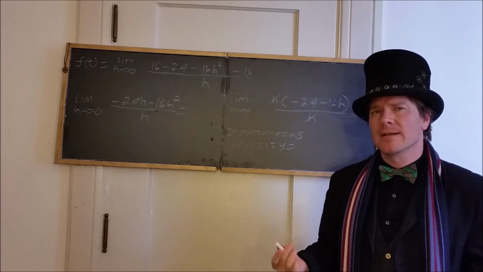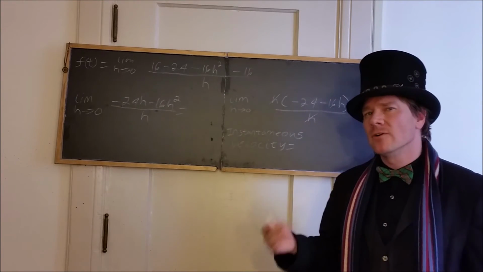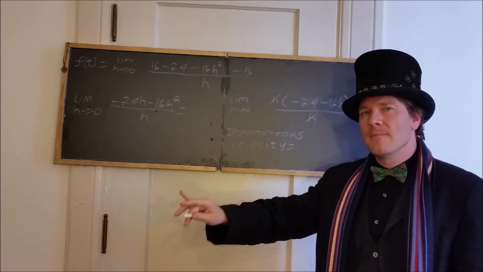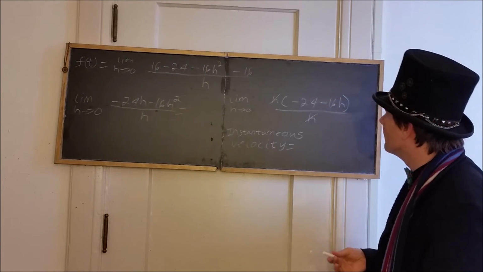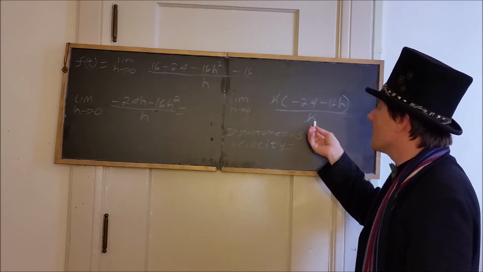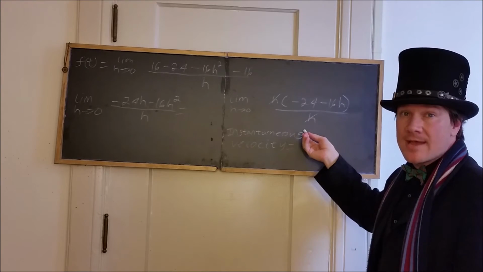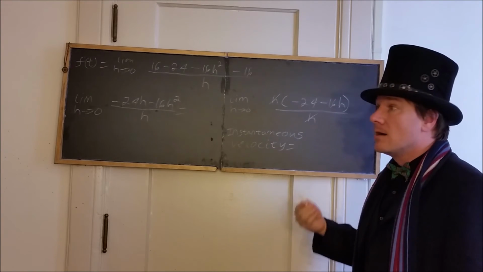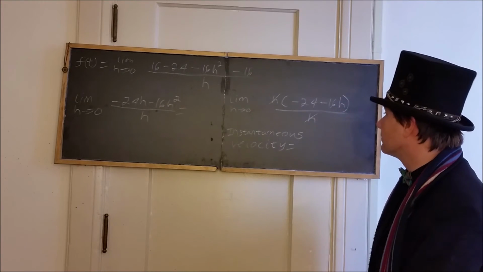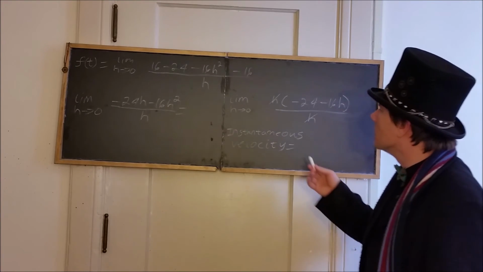We're not actually plugging 0 into h because h never definitely reaches 0, as I've said before. And we could never have put the 0 into the h before, because if we had a 0 in our denominator, then that just causes problems, as everyone knows.